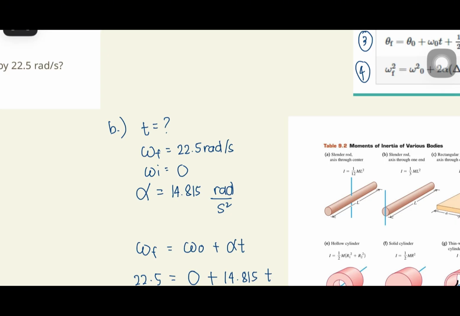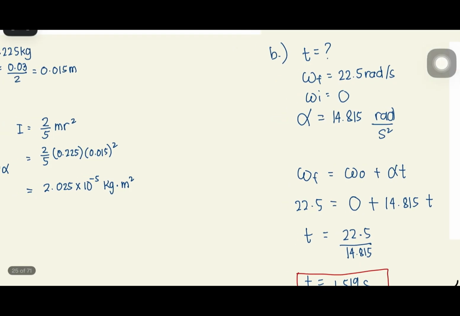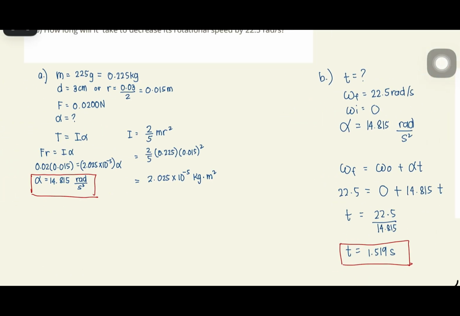Yung initial angular speed naman niya is 0. Then, yung alpha natin is 14.815 rad per second squared na nakuha from our previous solution dun sa part A.